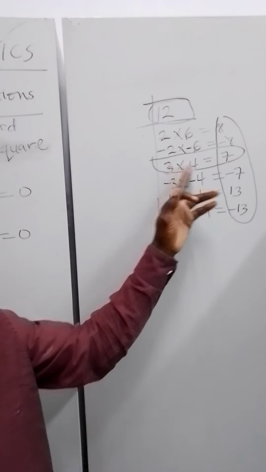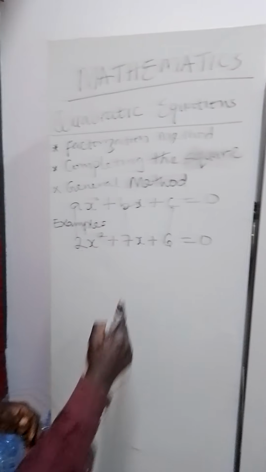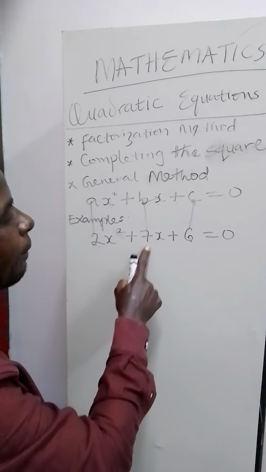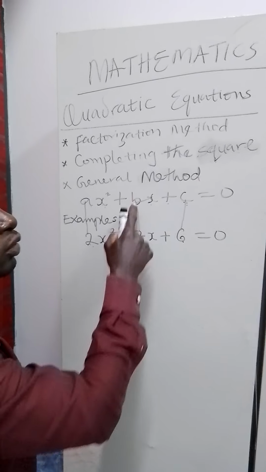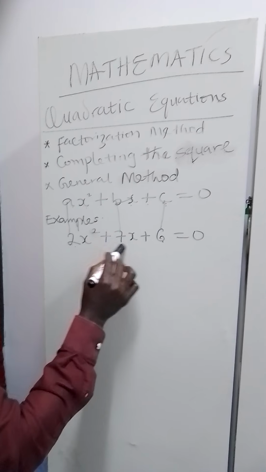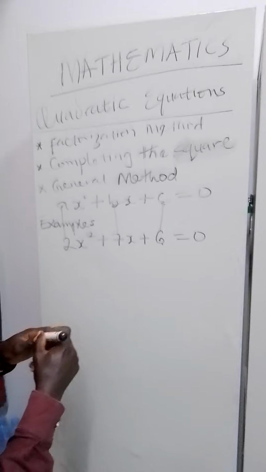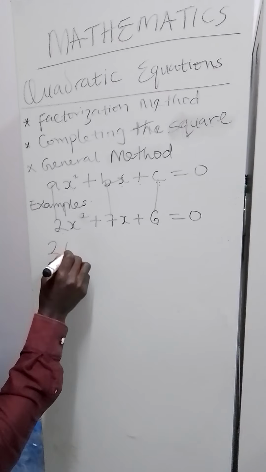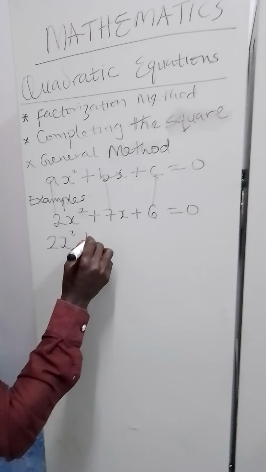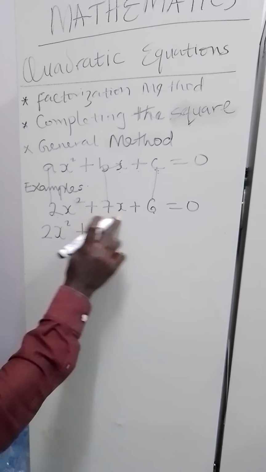We are going to use the 3 and 4 to replace everything under B. We are going to use the factors we have here to replace B, that is, to replace 7, while every other thing still remains the same. Therefore, we are going to have 2x squared plus, don't forget we are replacing 7 now, we don't want 7 again.